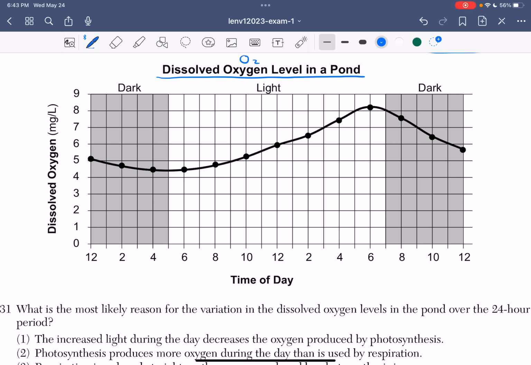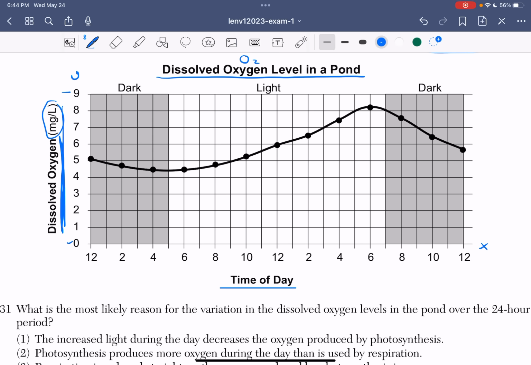Let's look at the y-axis here. We have dissolved oxygen. So the amount of oxygen in the pond is here from 0 to 9. And here are the units. Time of the day is your x-axis. So this is x, this is y.